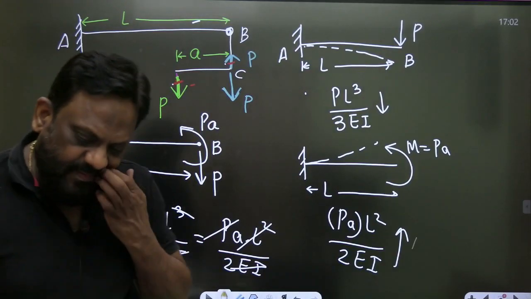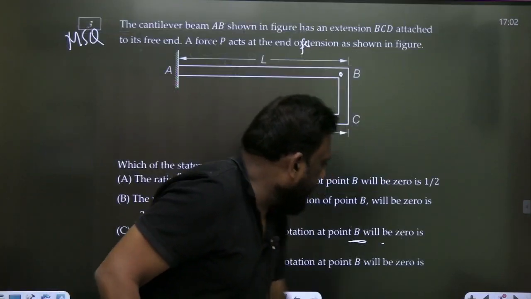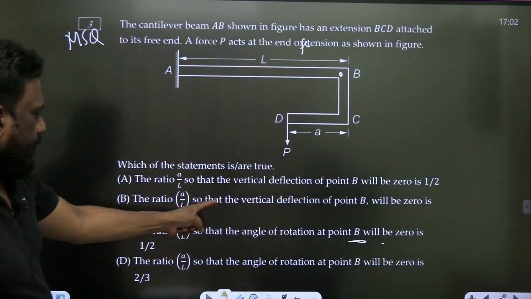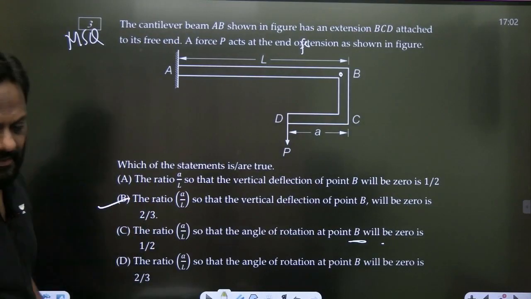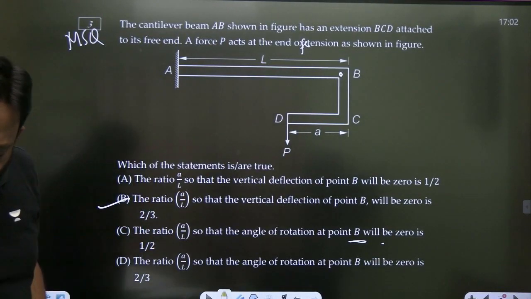When the deflection is 0, the ratio A by L is 2 by 3. I think option B is correct. Am I right? Absolutely, sir.